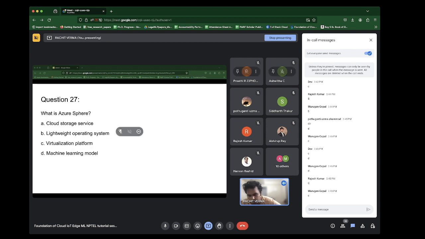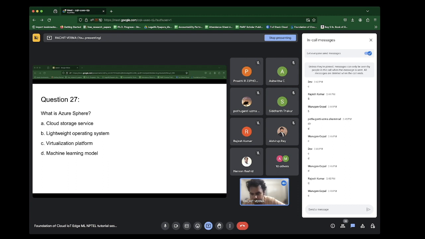So what is Azure Sphere? Is it a cloud storage service? Is it a lightweight operating system? Is it a virtualization platform?